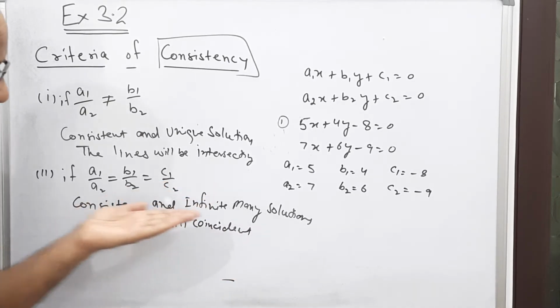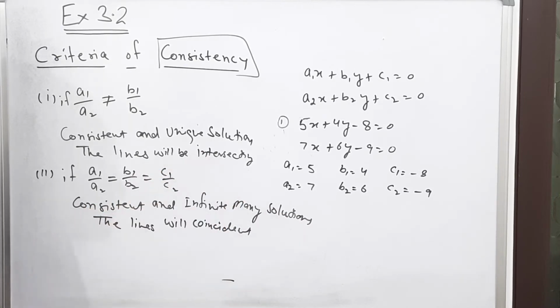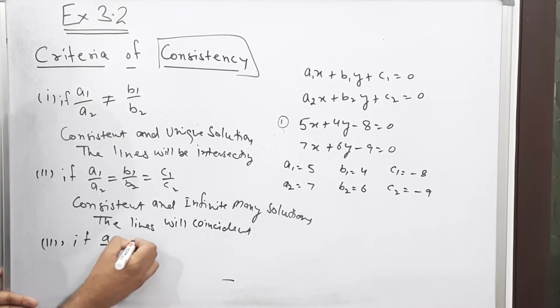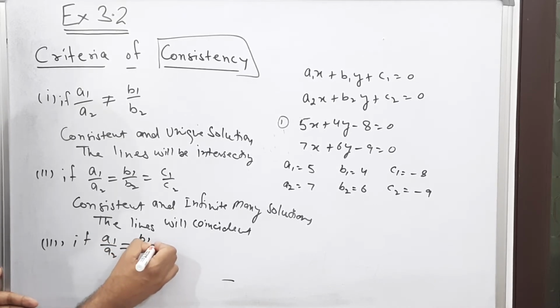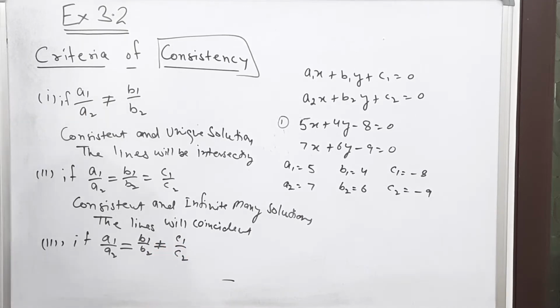This means when you draw one line and then try to draw the second line, the second line will overlap the first line. And the third is if a1 upon a2 is equal to b1 upon b2 not equal to c1 upon c2. Please see the third condition.